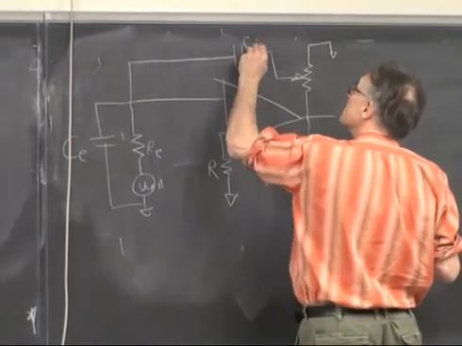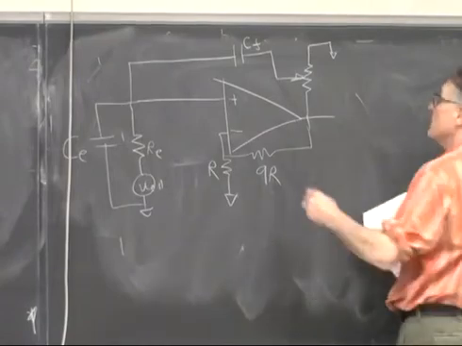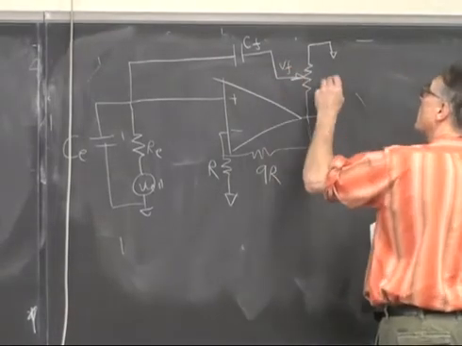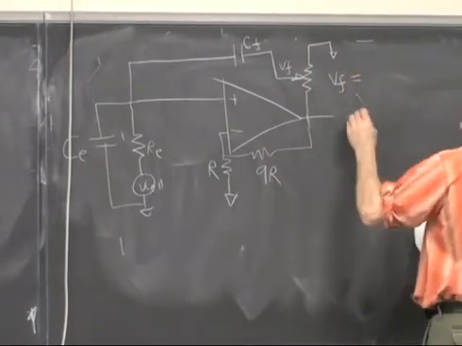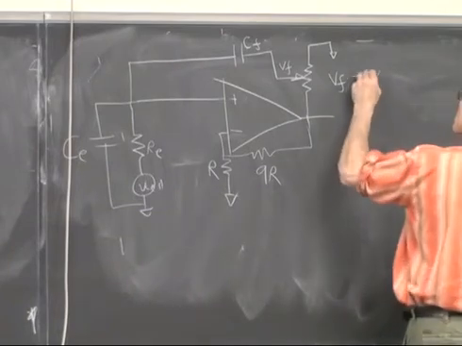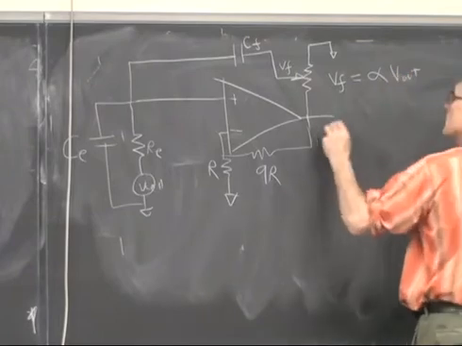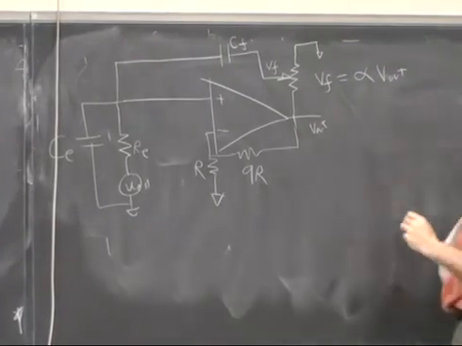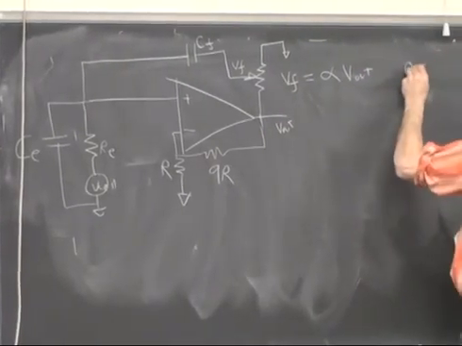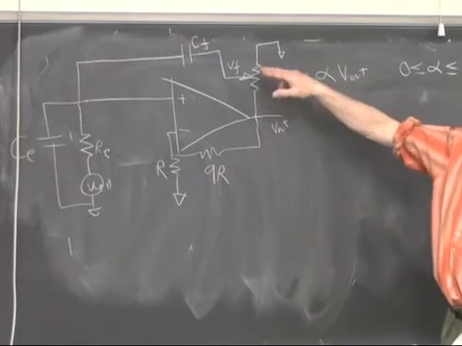So we're going to call this CF and VF, where VF is some fraction. This is a potentiometer. It's guaranteed to give a fraction of the output voltage. So we're going to say that VF is alpha times V out, where 0 is less than or equal to alpha is less than or equal to 1, because a potentiometer is always a fractional gain.